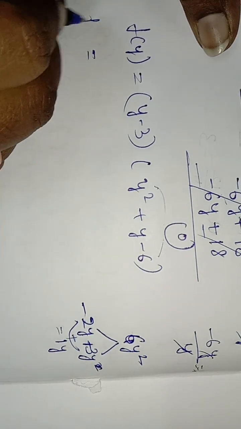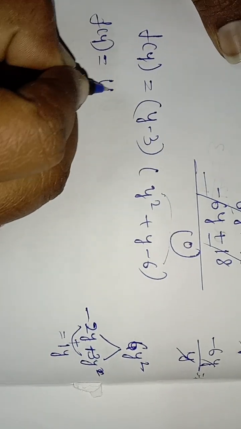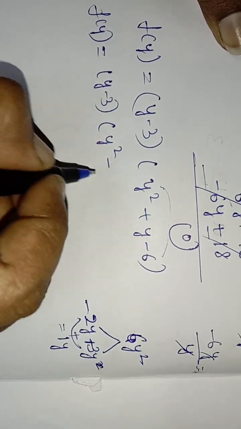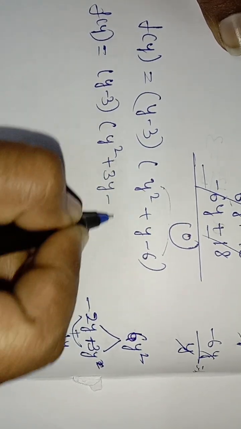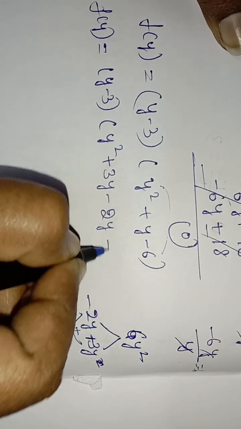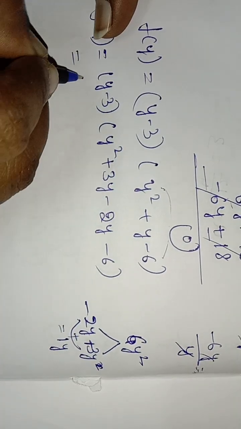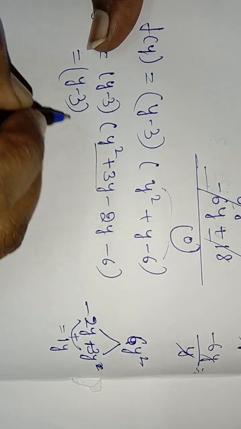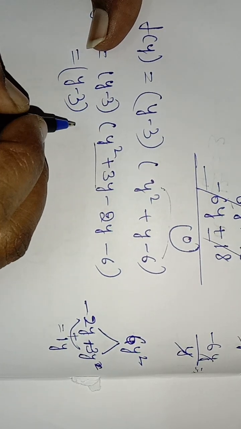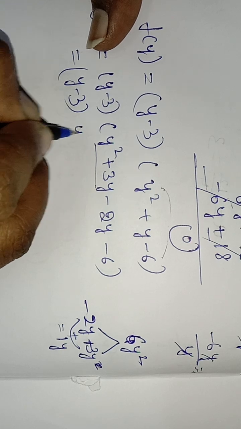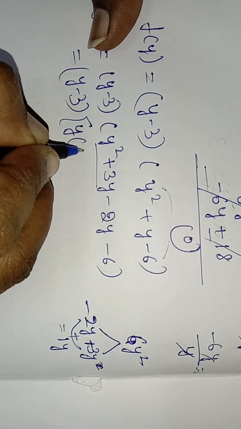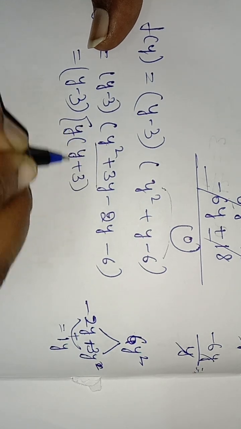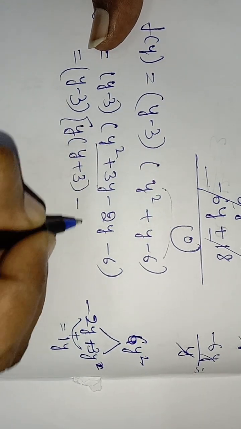So here f of y equals y minus 3 times y square plus 3y minus 2y minus 6. From these two terms I am taking y as common: y into y plus 3, y into y square, y into 3, right?